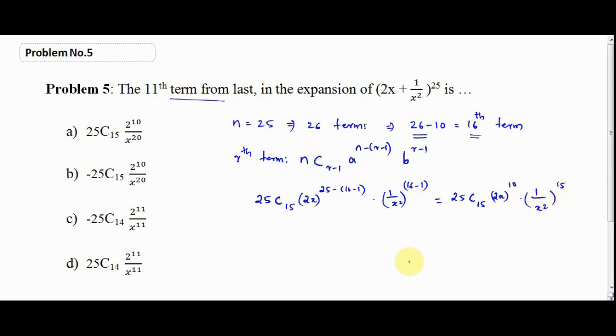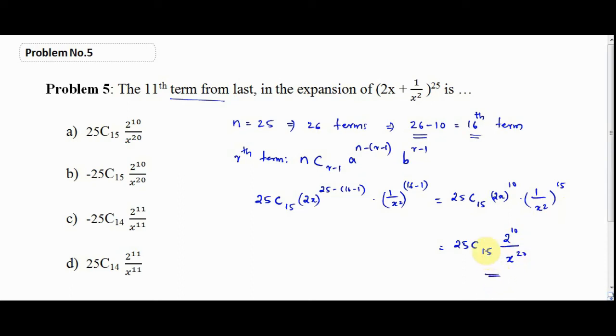Once you simplify this, we will get 25C15 into 2^10, and here we have x^10, and here we have (x²)^15, so that will be 1/x^30. In the numerator we will have x^10. So effectively we will be having an x term which is x^20 in the denominator.